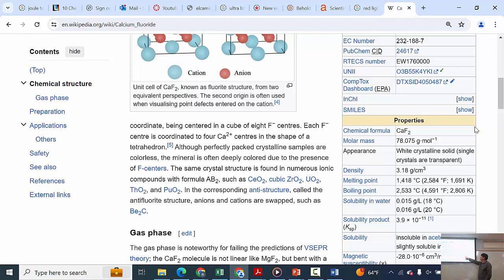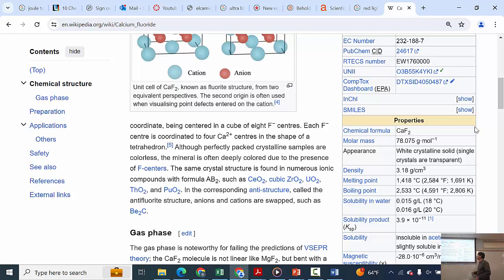But here we can see the solubility is 0.015 grams per liter at 18 degrees C, 0.016 grams per liter at 20 degrees C. And then we think, okay, what's our cutoff for soluble and insoluble? Does anybody remember what the cutoff is? We call things soluble if they have a solubility greater than this. Otherwise we call it insoluble. 0.1. It's 0.1 moles. So we have to convert 0.015 grams into moles.